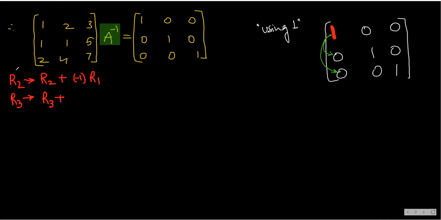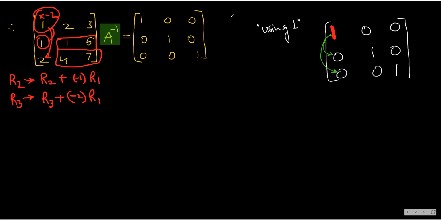Now see, and how will I get 0 here in R3? Very simple. I will write R3 plus minus 2R1. See, I will multiply minus 2. So this will become minus 2. When I add, this will become 0. But remember, in pursuit of getting 0 here and here, you will change all these elements.